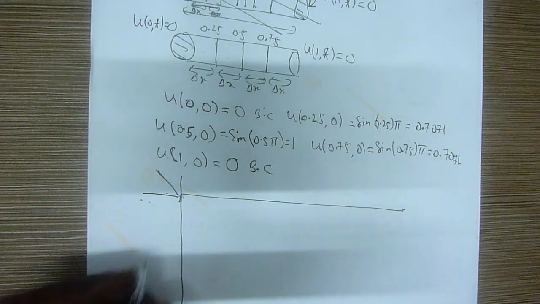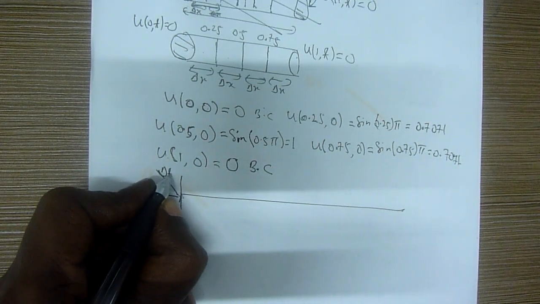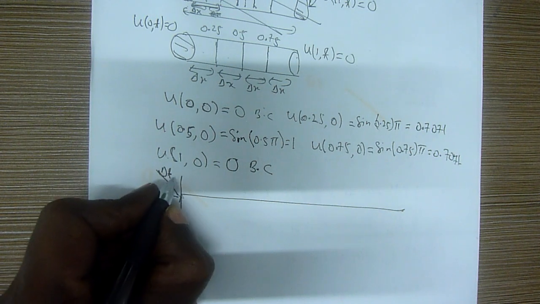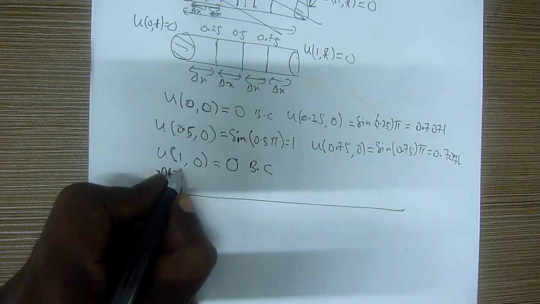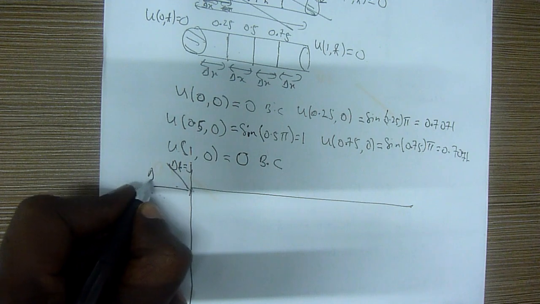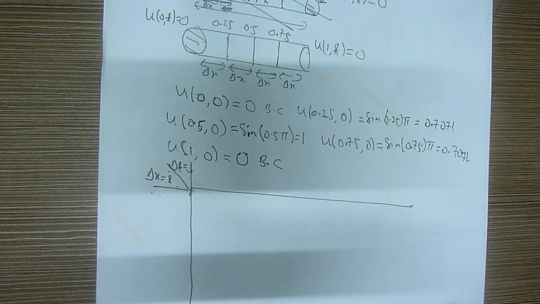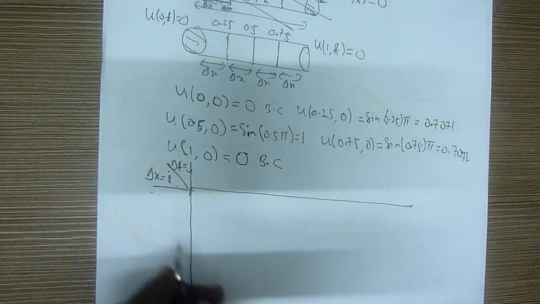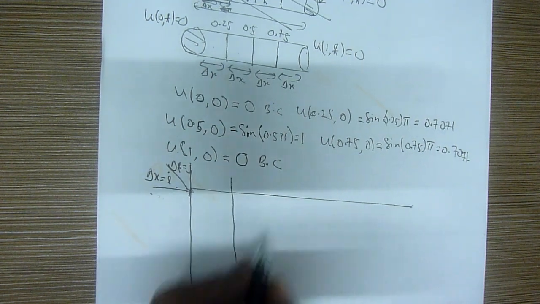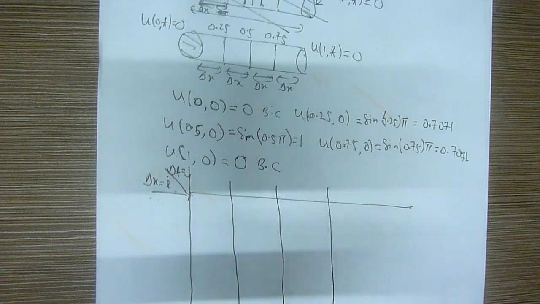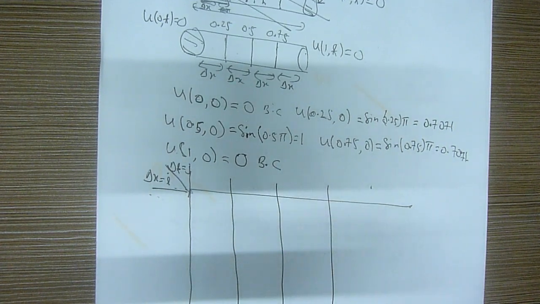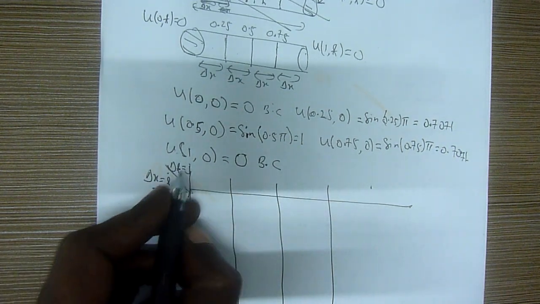Okay, the first del t. We call this j. Del x, I call this i. Okay, now just split. Okay, t.